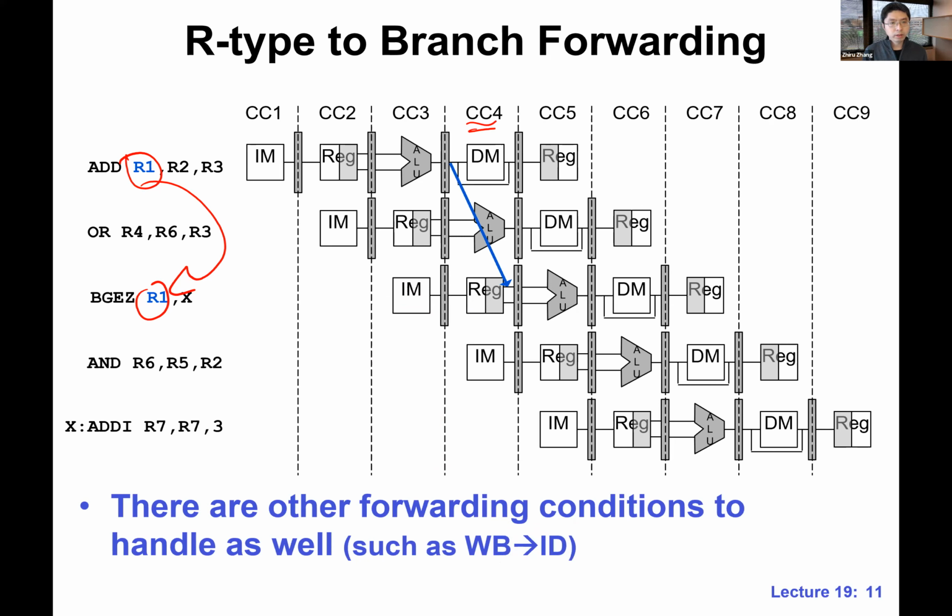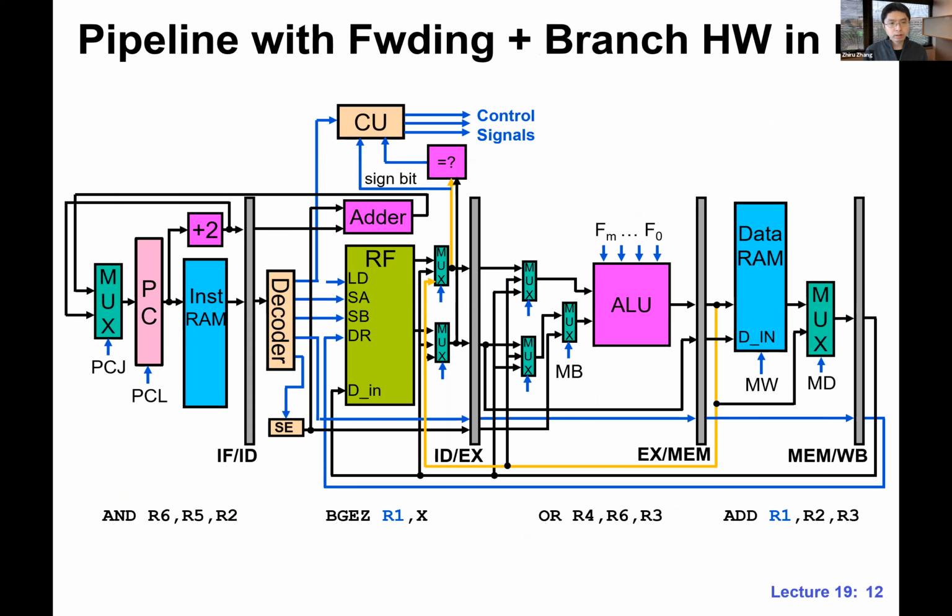If this is still not too clear, this is just the abstract view. Let's look at the physical view. This is the actual hardware. The yellow path is the one that we just talked about. We are coming from the memory stage. This is a backward path in the physical hardware to the ID stage.